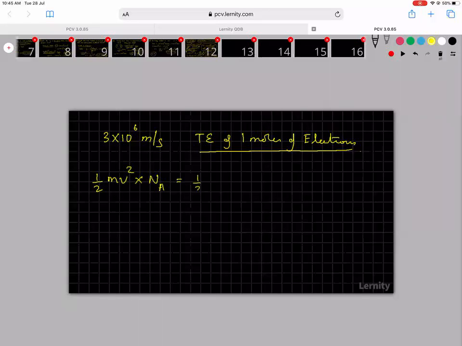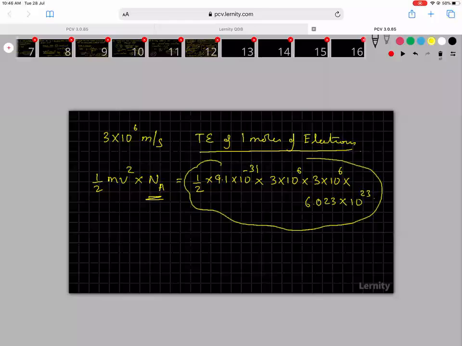That is half into 9.1 into 10 power minus 31 kg, this is the mass of an electron, into velocity squared. So 3 into 10 power 6 into 3 into 10 power 6 into Avogadro number. What is Avogadro number? 6.023 into 10 power 23. So this is the total energy.